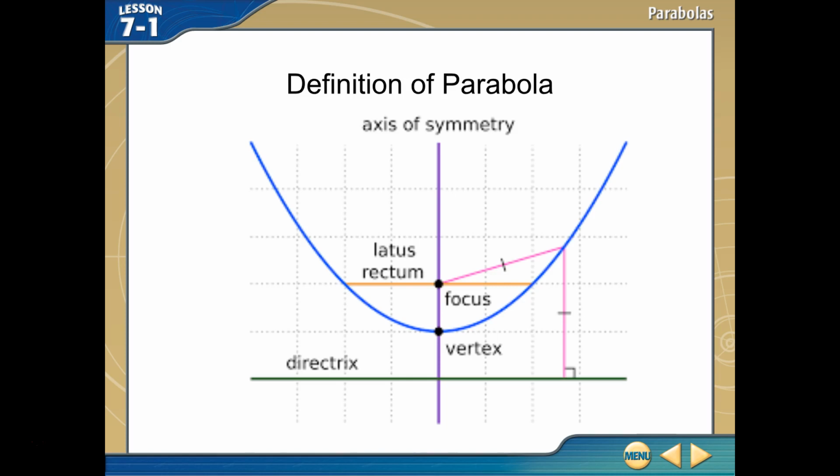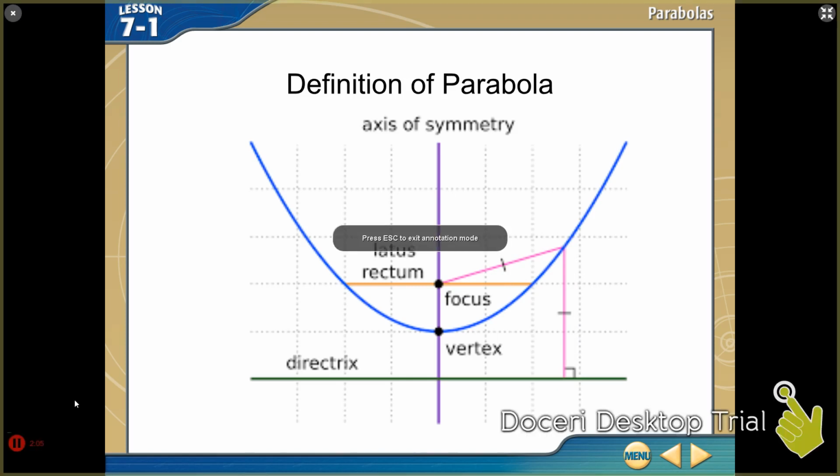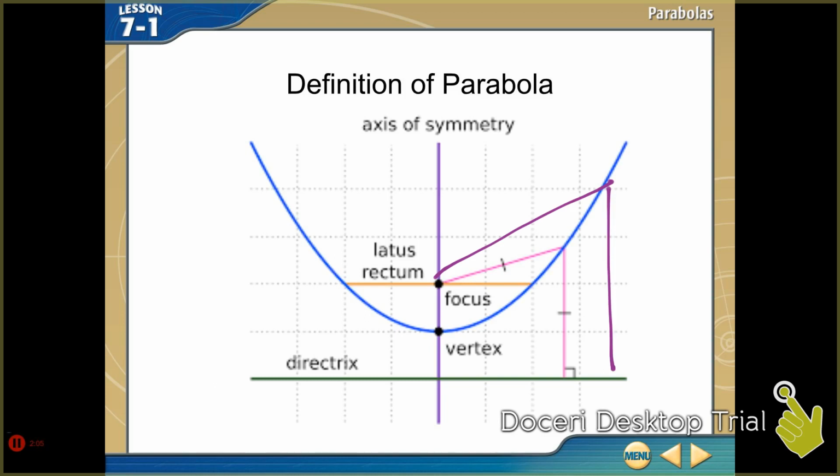A parabola is a collection of points that are equidistant from this focus point to the directrix. So this line, the pink line, and the pink line are the same length. If we were to collect all of those points, from there to there, and then closer and closer, all of those points are going to form the parabola.